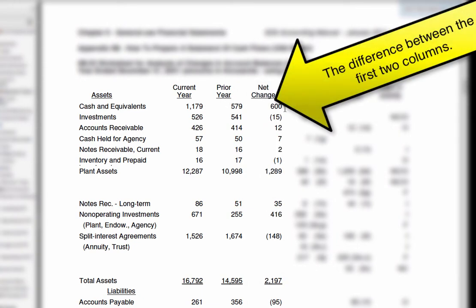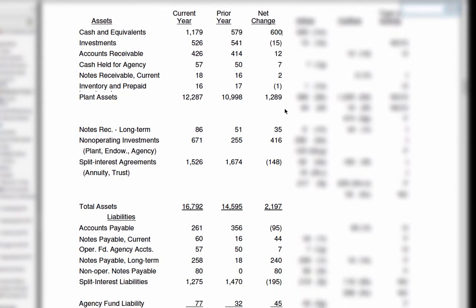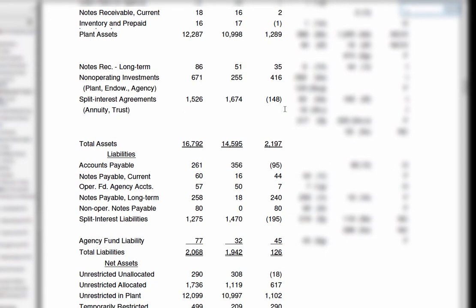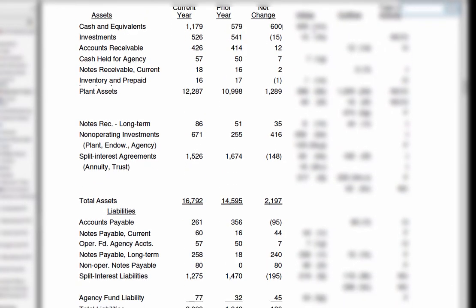Okay, and basically, if you think about it, since the balance sheet balances, if you went through all of the net changes, they add up to zero. If this is in balance and this is in balance as far as assets equal liabilities and capital, net assets, then the changes would have to total a net change of zero.